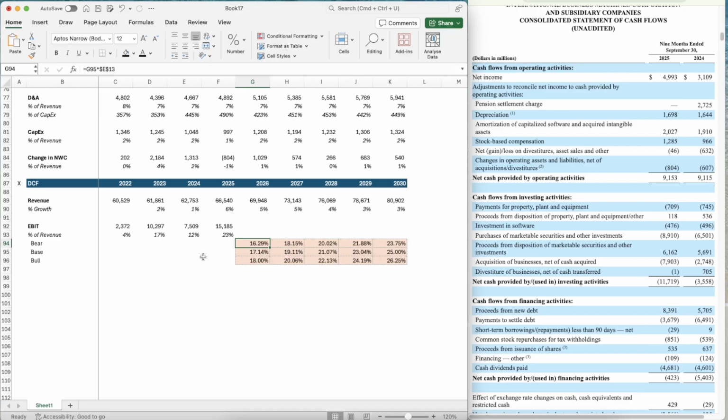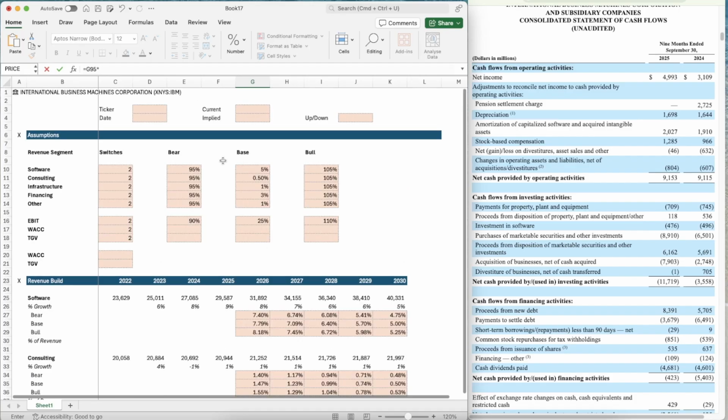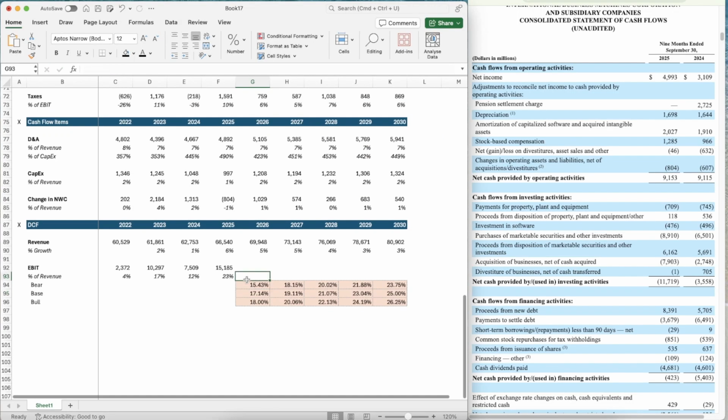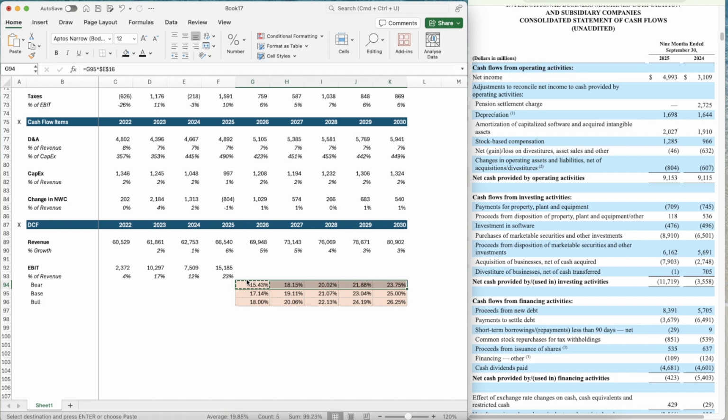The bull and bear scenarios. Sorry, I'm forgetting what I'm saying. $E. There we go. Do the same here. Yeah, looks good.